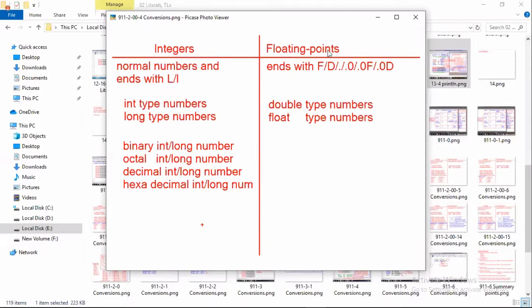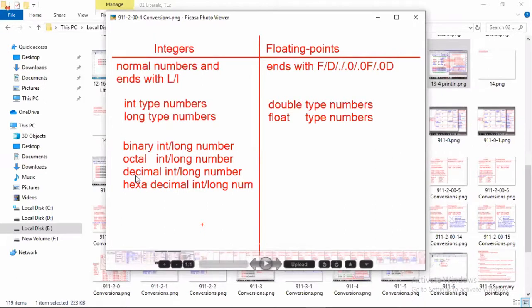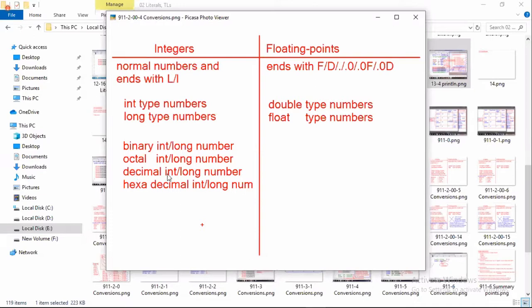So floating point numbers can be called real numbers. According to maths, they can also be called decimal. If people are using the phrase decimal integer, then you go to base 10 integer number. If people use only the word decimal, then you go for floating point number.